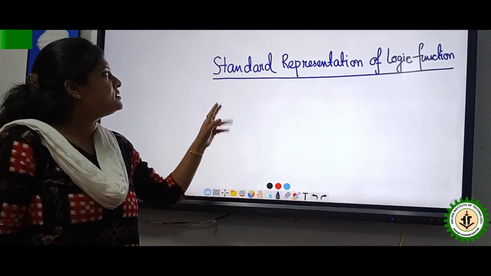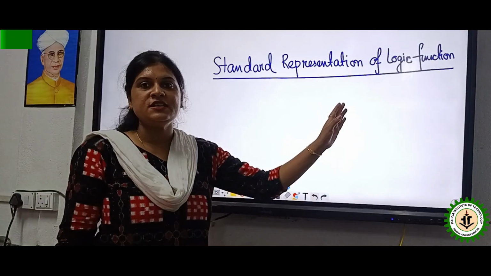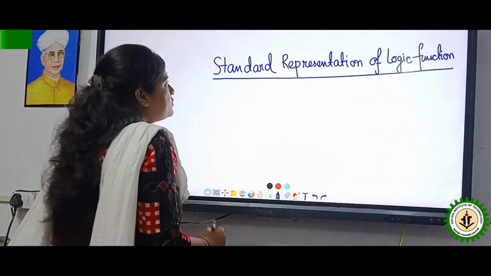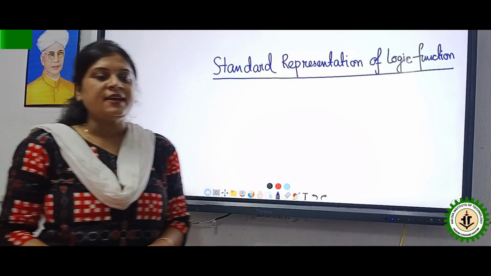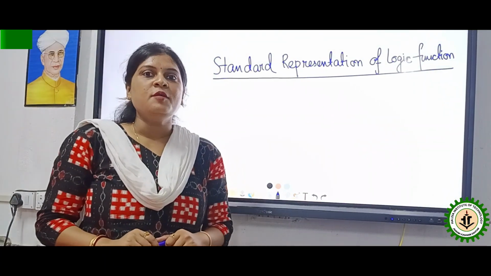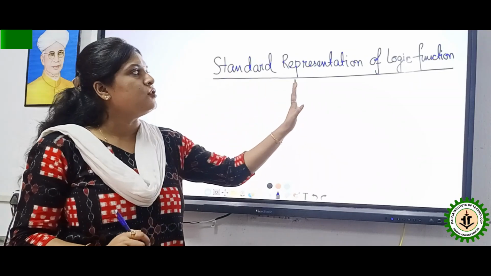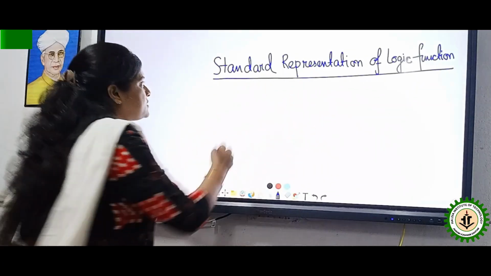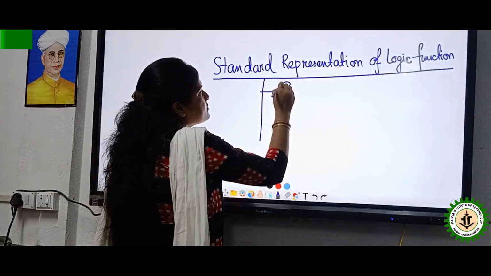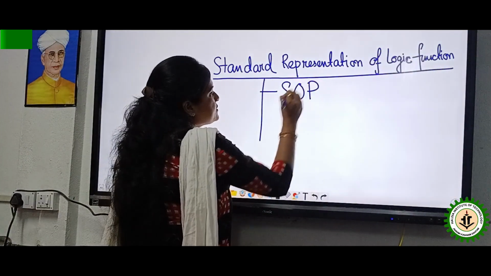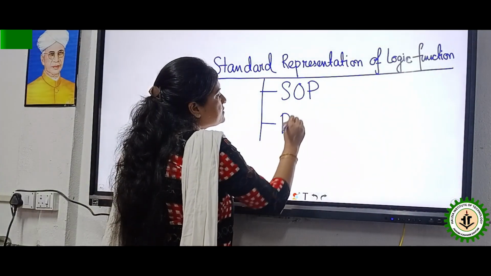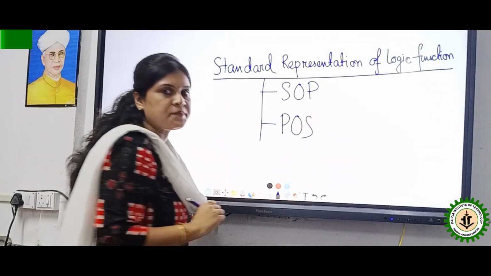Today my topic is standard representation of logic function. We know that in our digital system design there is Boolean expression. Boolean expression, often known as standard representation of logic function, is of two types. One is SOP, another is POS.